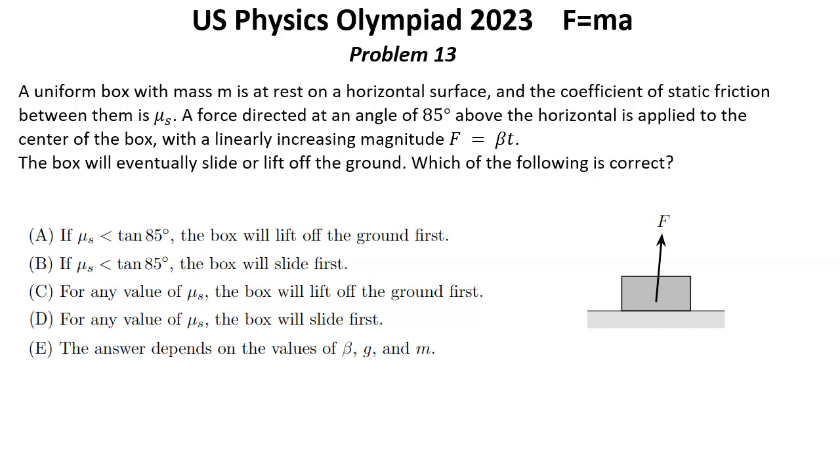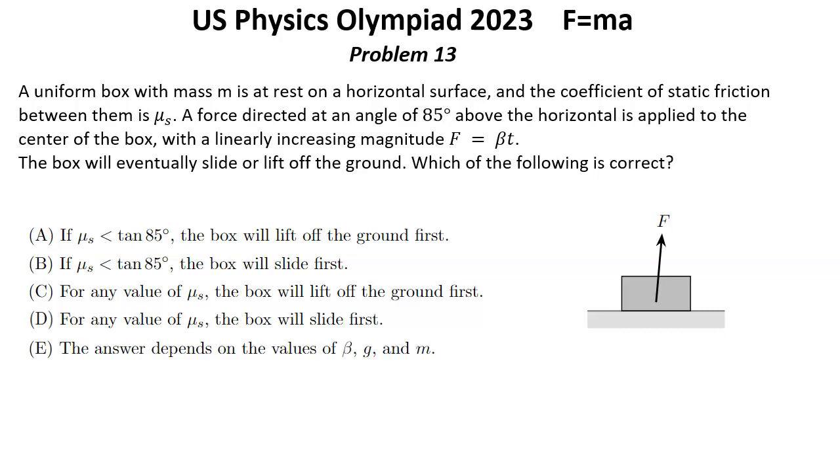Solution for problem number 13. The box will slide first, no matter what the other parameters are. The box will only lift off the ground once the normal force goes to 0, which occurs when the vertical component of the applied force exceeds the weight of the box.